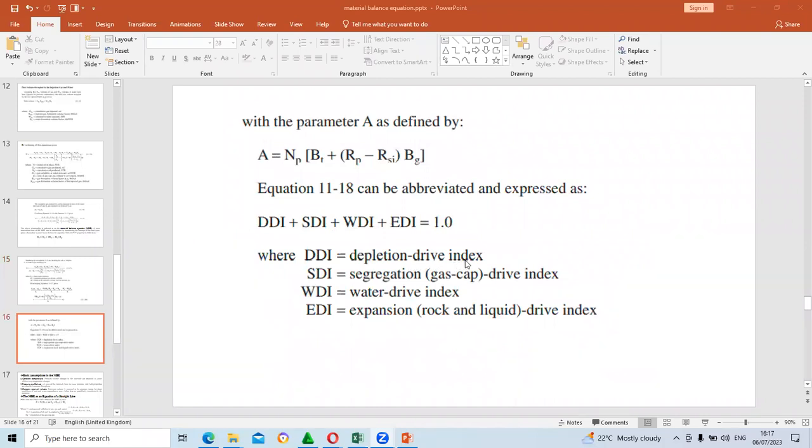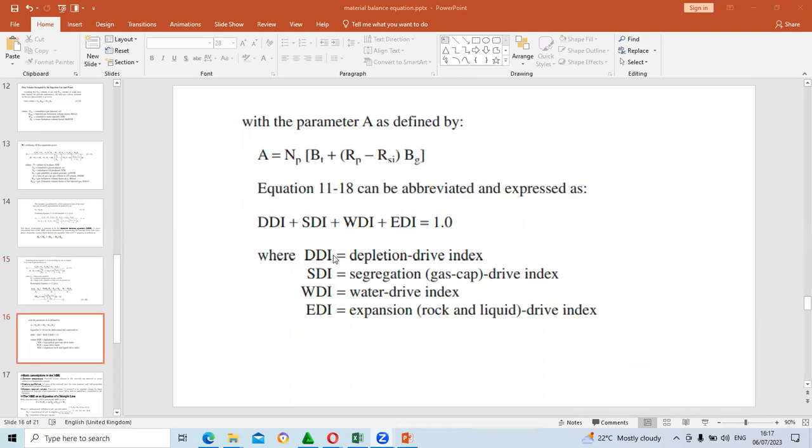Depletion drive index. Remember the various sources of energy that I gave the other day. We have gas cap, we have water drive, and we have rock expansion. This depletion drive is as a result of solution gas, so we are talking of the solution gas drive mechanism.